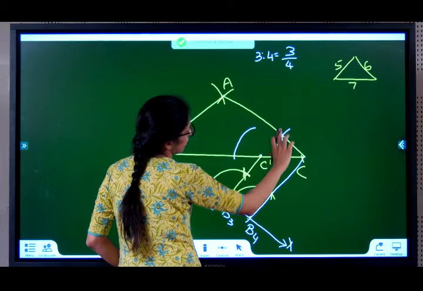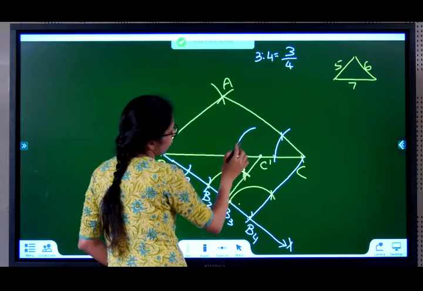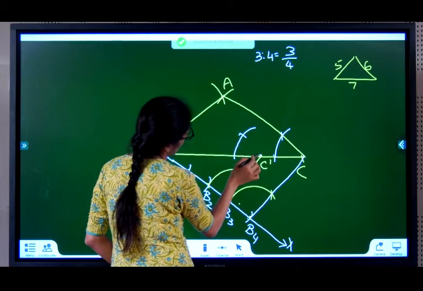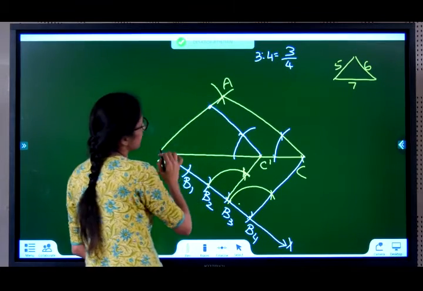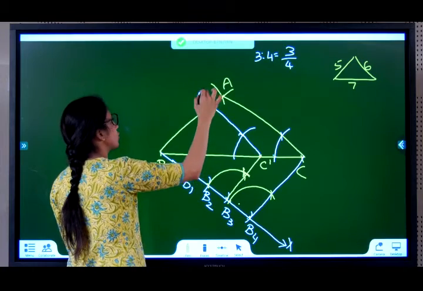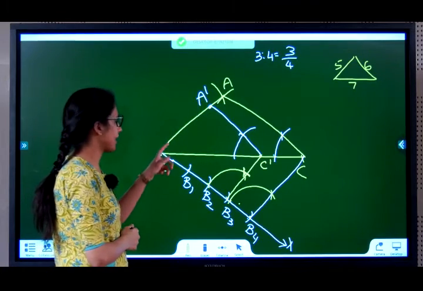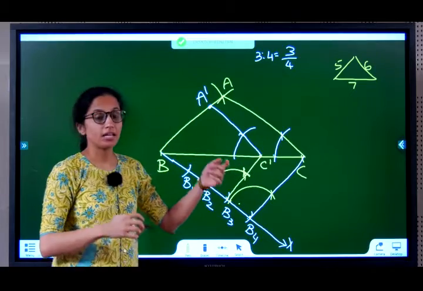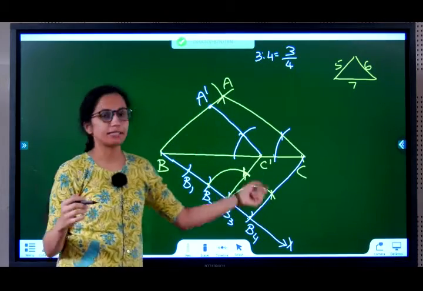Measure this, same length, cut an arc over here also. Join C to the point of intersection. Wherever it meets AB, that will be your new A dash. Therefore, this triangle A dash B C dash is nothing but 3 by 4 times ABC.